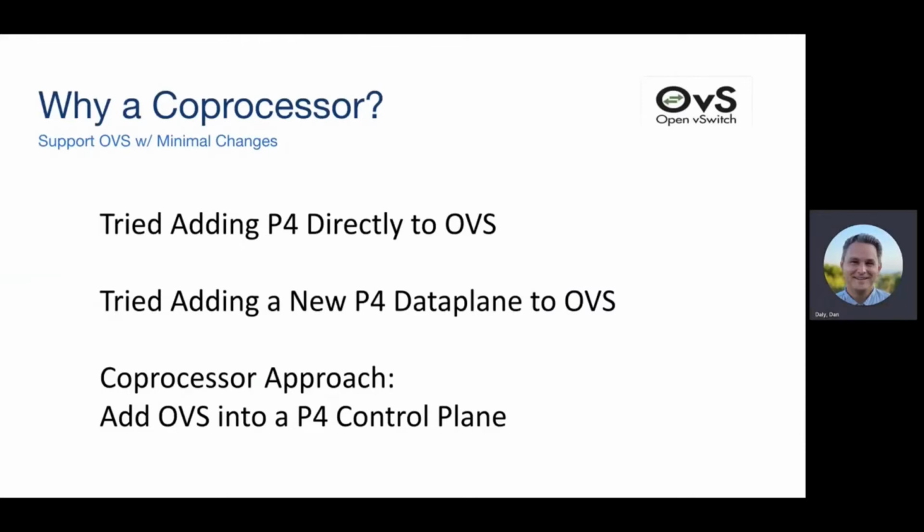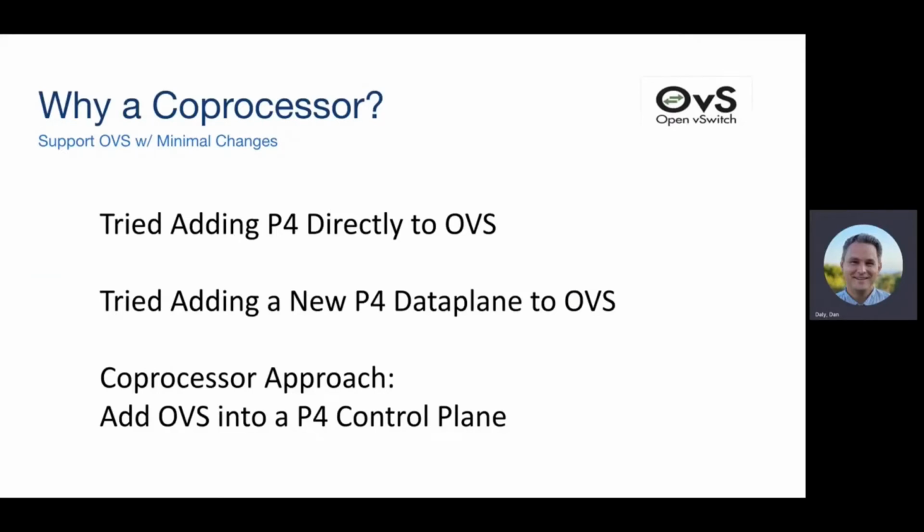So that brings us to why a coprocessor. We started out, and this is many years ago, by trying to add P4 directly to OVS. Let's take all of the OpenFlow processing that OVS does and just replace it with P4. I think there's definitely a lot of potential in that approach, but we didn't want to make that type of engine swap inside of OVS to enable P4.